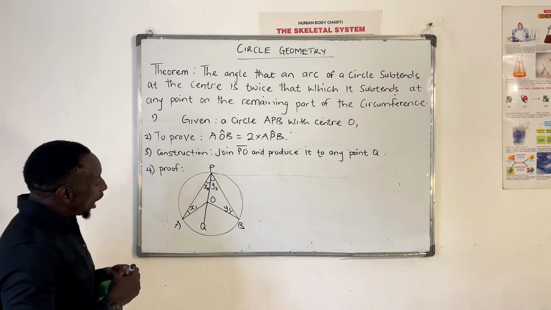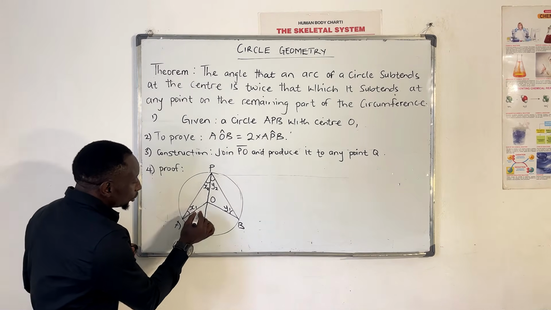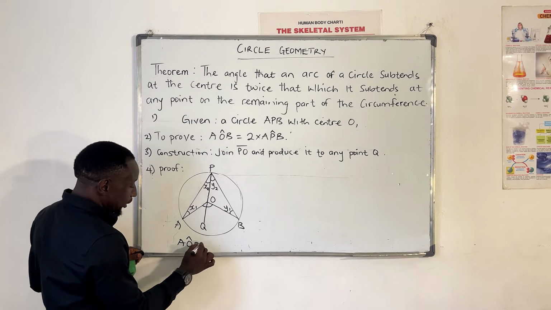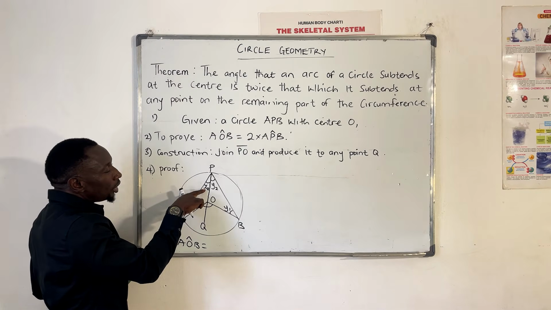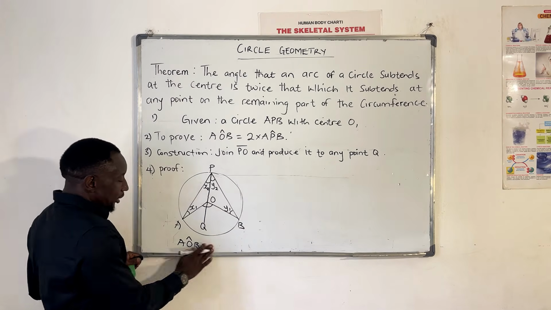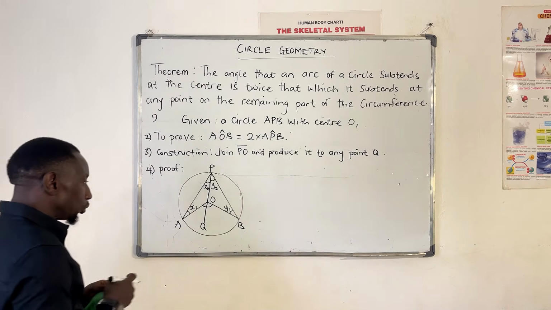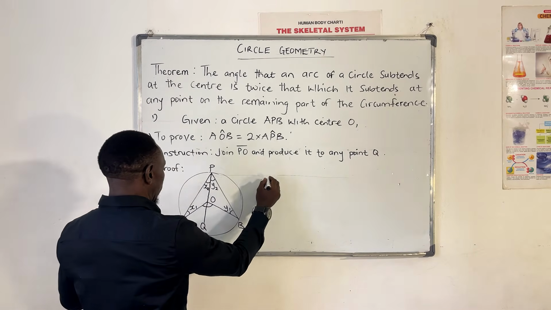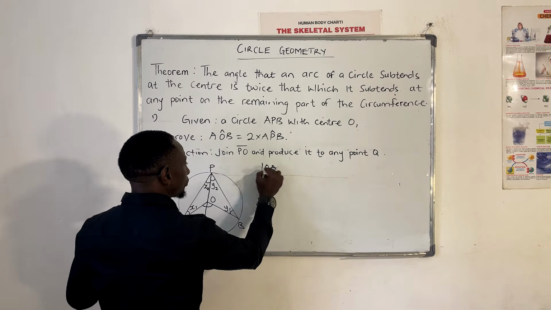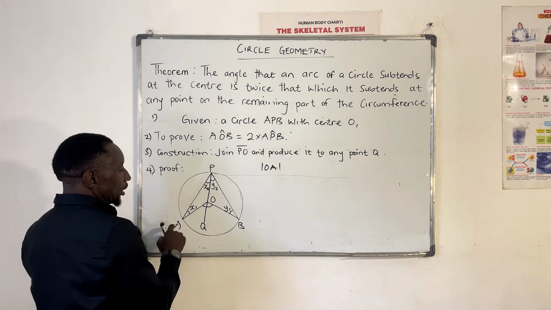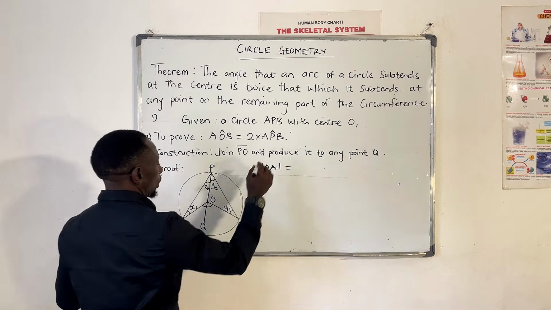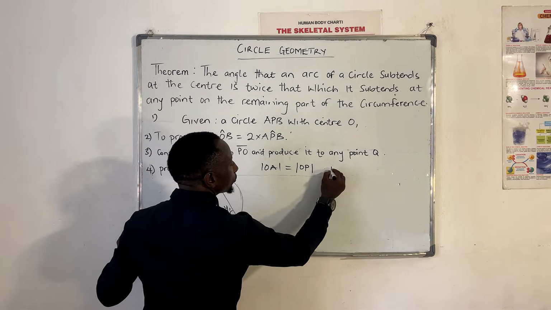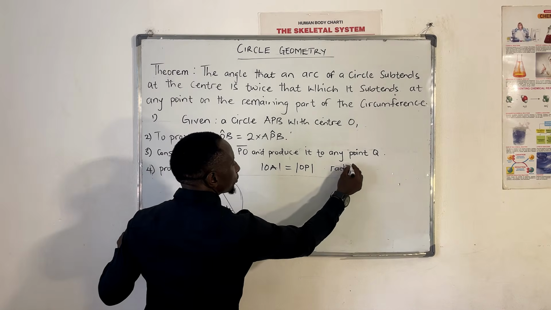Now the proof. For us to prove that angle AOB is twice APB, what is the first thing we need to do? The first thing is to understand that line OA is equal to OP. And what is the reason? Radius.